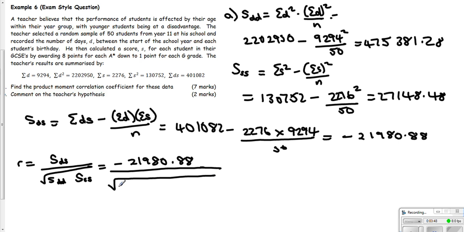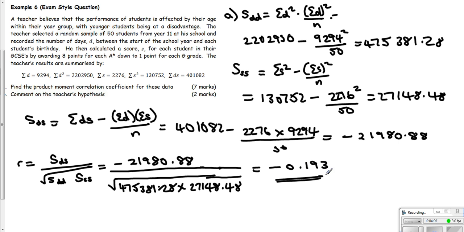Big numbers. 475381.28 multiplied by 27148.48. So sorting all that lot out on the calculator, I think works out to be minus 0.913. So check that you can get that.